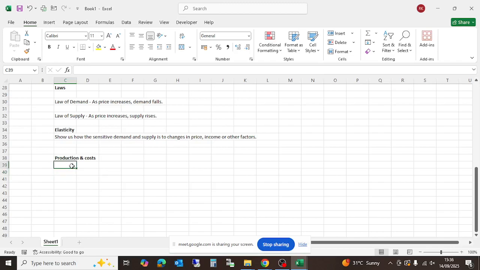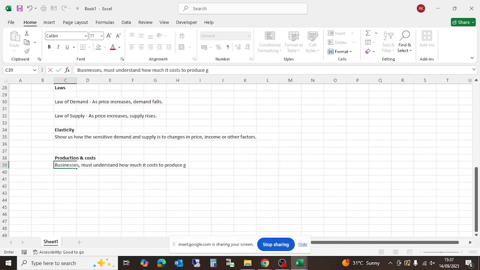On production and cost, businesses must understand how much it costs to produce goods, and this will take us to cost accounting or management accounting.